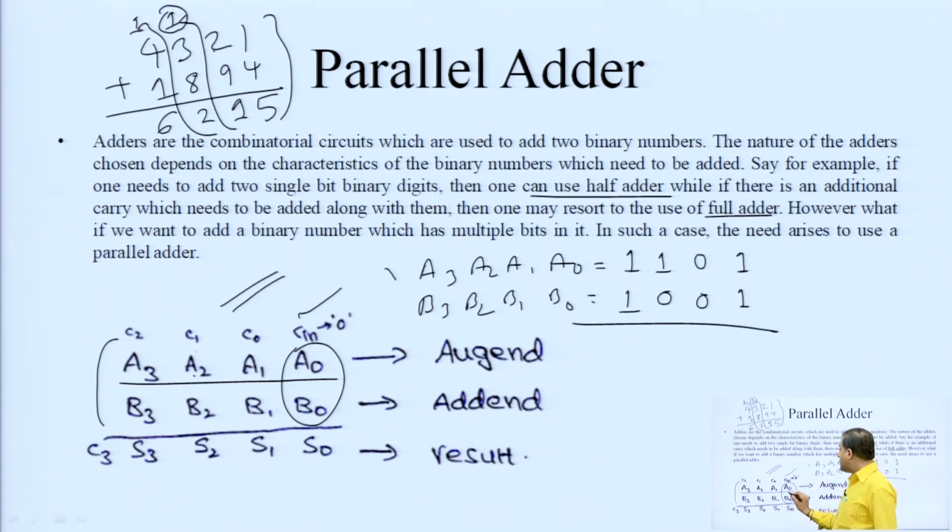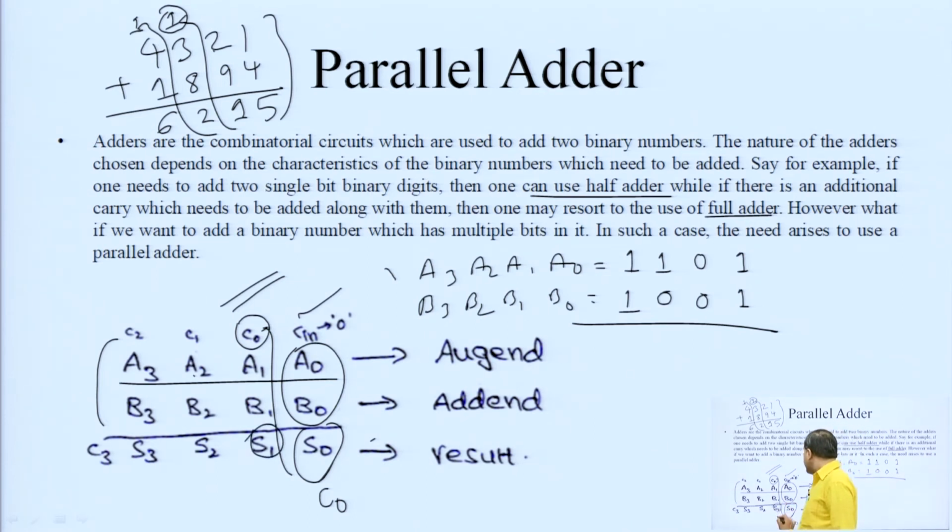So, addition of A0 and B0, sum will be S0. Okay. If any carry is there, it will be moved further. In the second case, we will be adding A1 and B1 and this carry from the previous stage will be added and we will be forming S1.